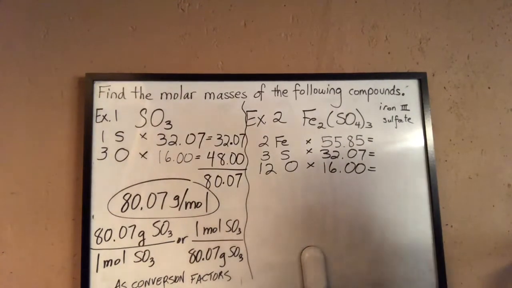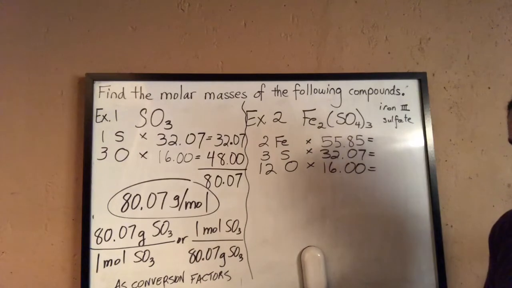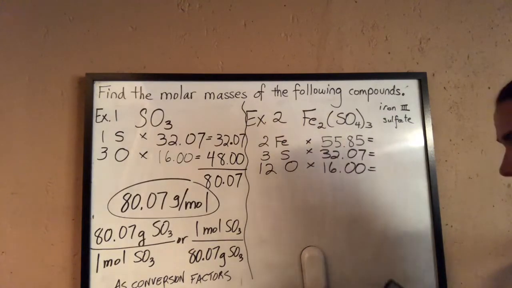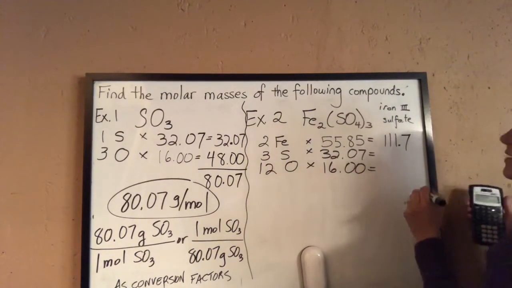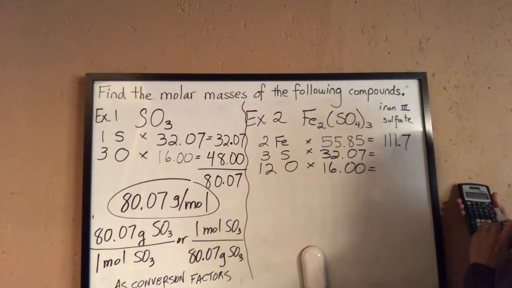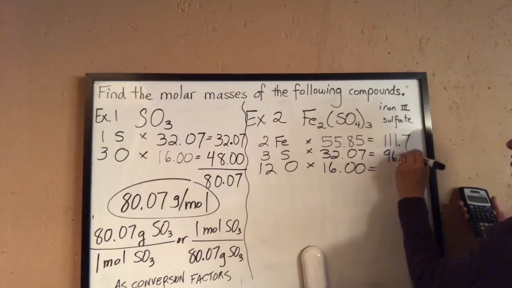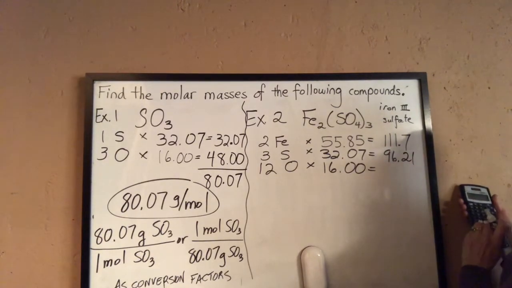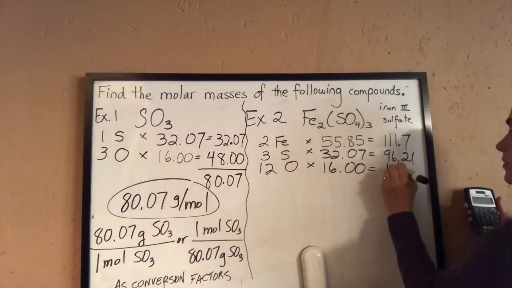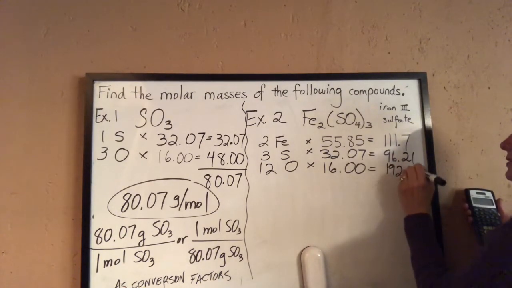All right, so now we need to multiply those out. 111.7, 96.21, and 192.